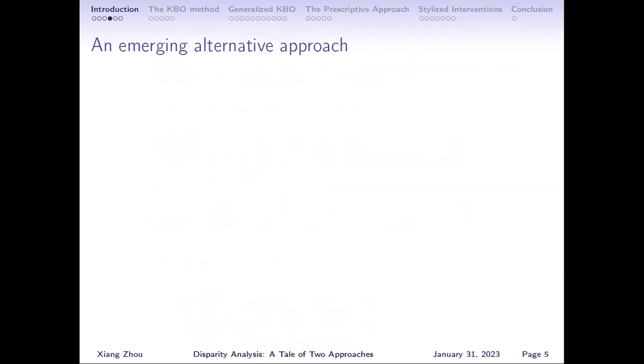So to address policy relevant questions, there is an emerging alternative approach in both sociology and epidemiology that tries to incorporate the language and the logic of causal inference into the study of disparities.